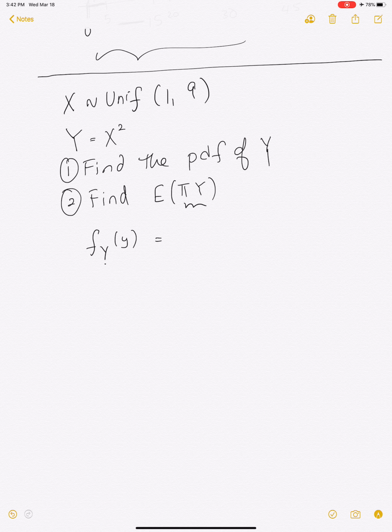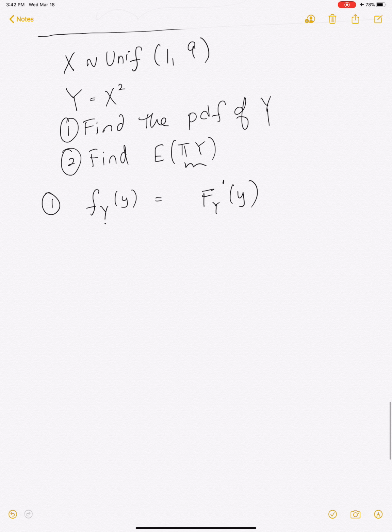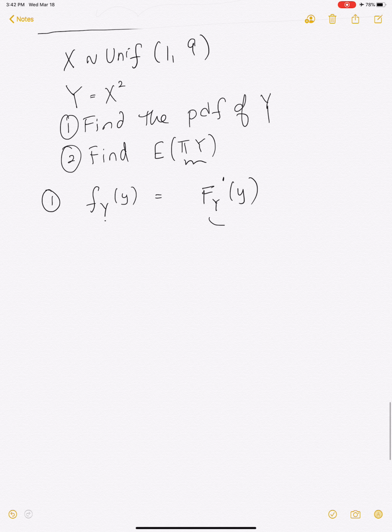Well, how do we find the probability density function? It is the derivative of the cumulative distribution function. Remember I said that when you want to find the probability density function of a random variable, you do it via the CDF of Y.